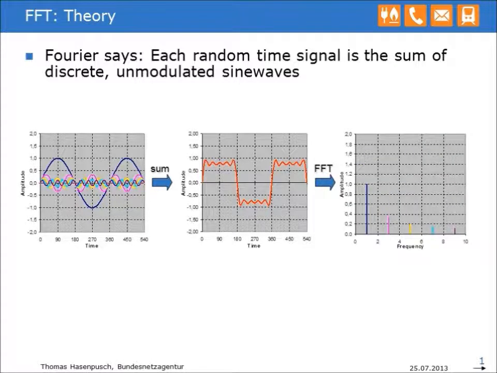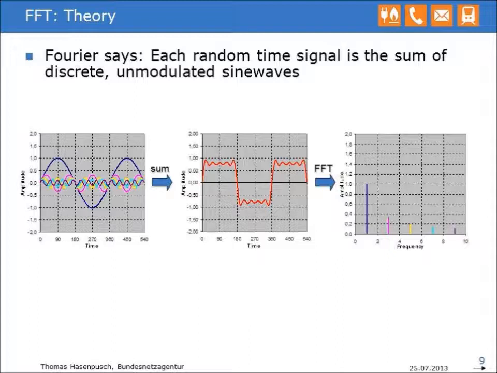But you can construct any time signal out of the sum of sine waves. And the theory says that we can also regain the sine waves in amplitude, frequency, and phase by applying the Fourier transform. And this is what the FFT analyzer does.